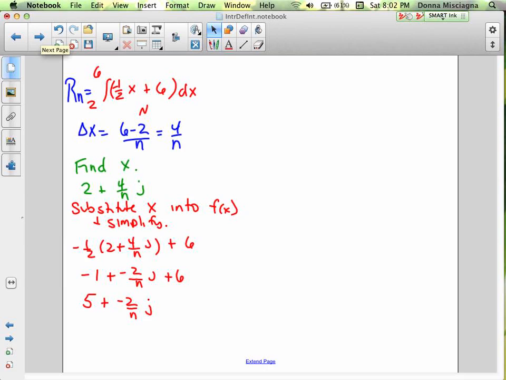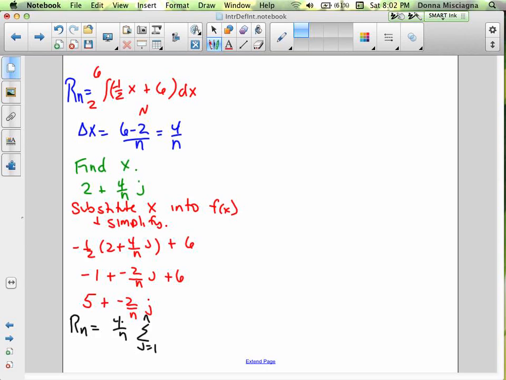All right, so now let's take our limit of Riemann sums here. So that's going to be 4 over n, sigma, j equals 1 to n, 5, and since it's minus, I'm just going to put minus 2 over n j.